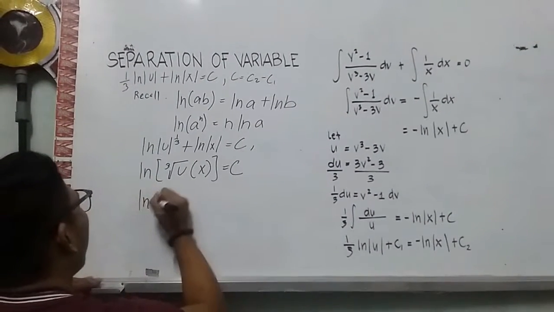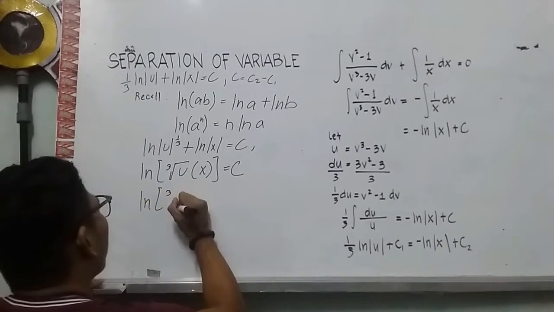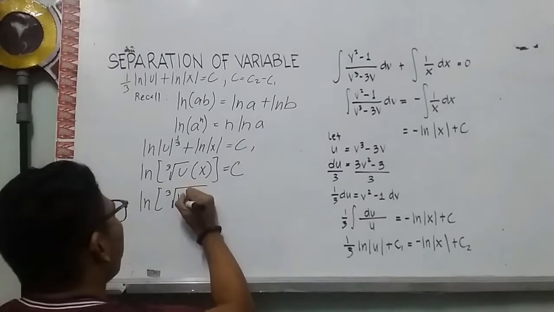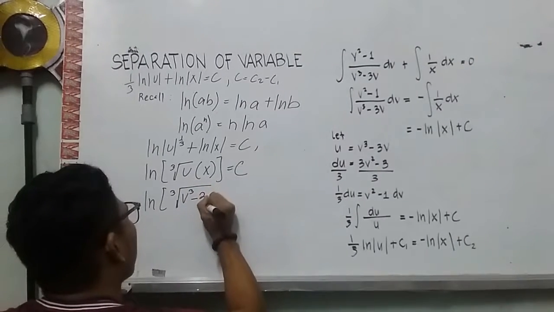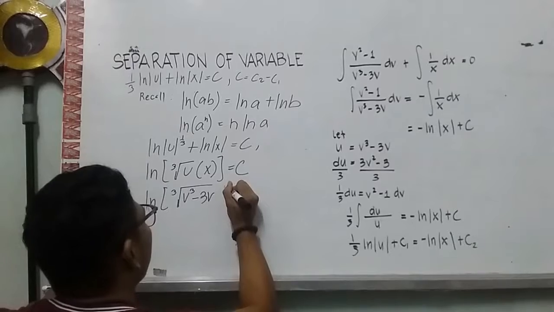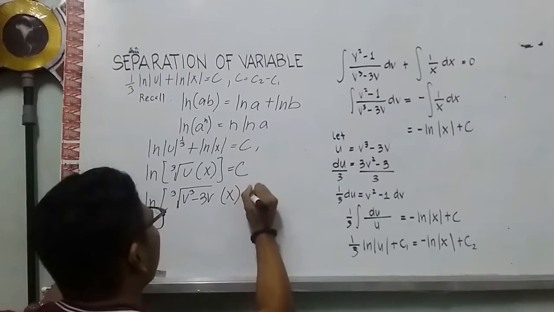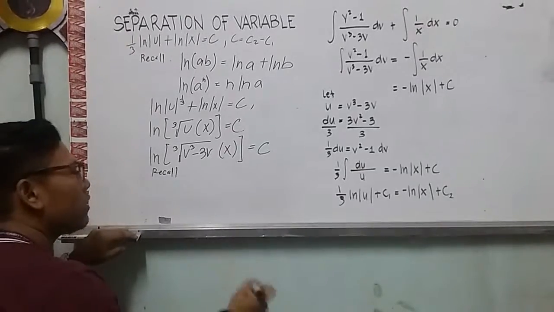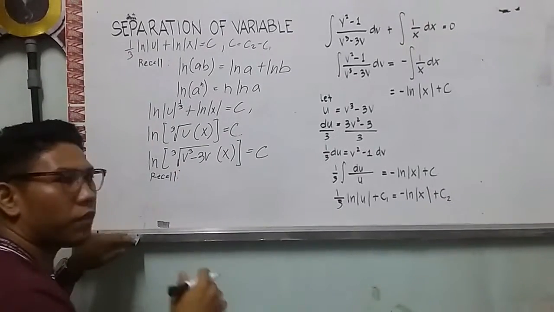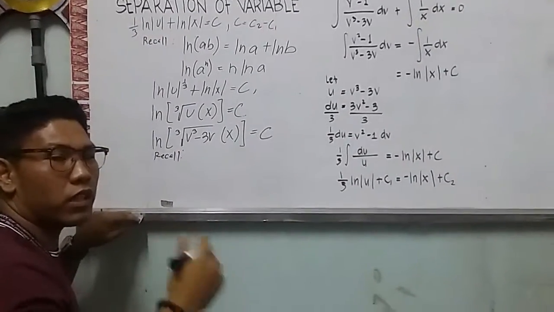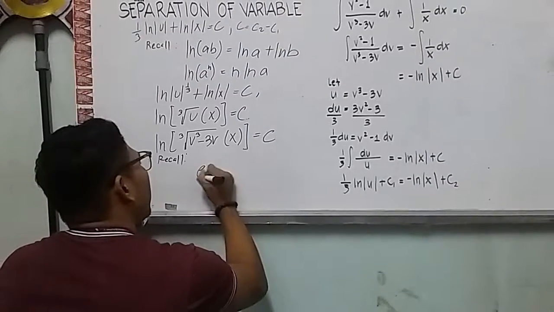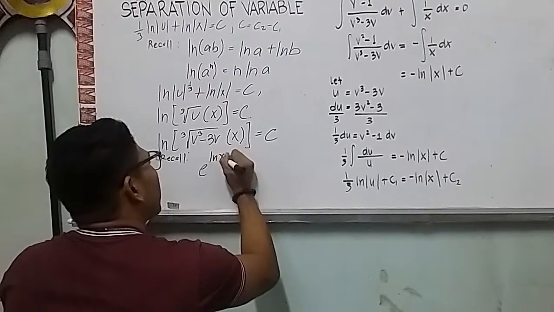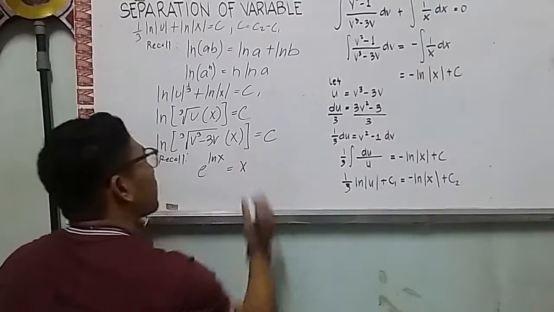We'll come up with ln of the cube root of (v cubed minus 3v) multiplied by x equals c. Then let's recall a property of the natural exponential function, which is e to the power of ln x equals x.